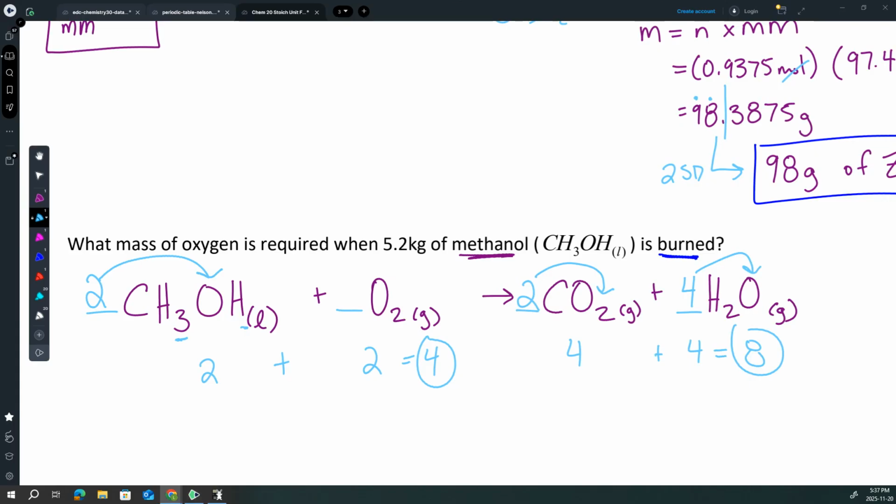So how we're going to achieve that is I'm going to be focusing on increasing the amount of oxygen gas we have, since the difference is an even number. Okay, so what I'm going to do is I'm going to increase this to a coefficient of 3, and the reason being is because then I will have 6 oxygens coming from here, plus we still have the 2 coming from methanol, so 2 plus 6, that's 8, and now everything's balanced out.